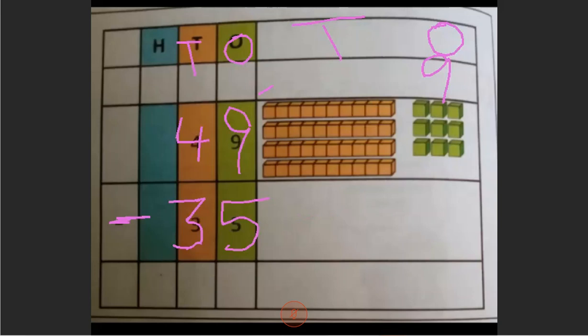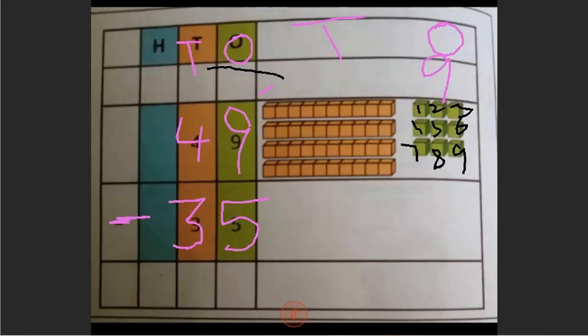Let's count. 1, 2, 3, 4, 5, 6, 7, 8, 9. 9 boxes are there in the ones place. And now in the tens place, how many boxes are there?